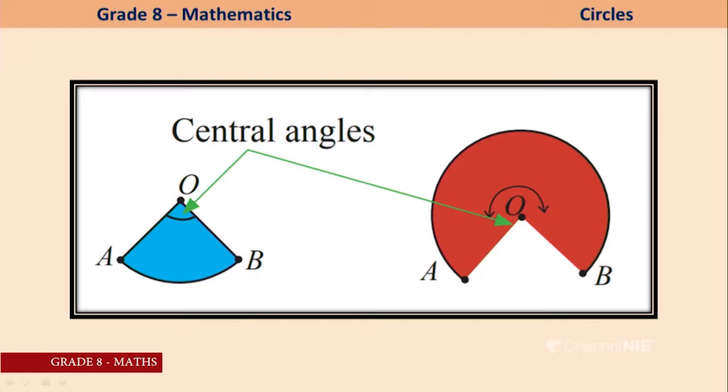When we consider the blue sector, you can see angle AOB is an acute angle. And also considering the other region, you can see angle AOB is a reflex angle. So the same circle is separated into 2 sectors, and there are 2 central angles.